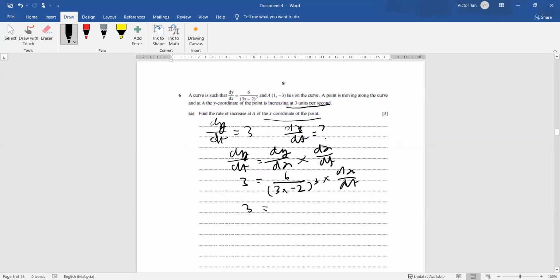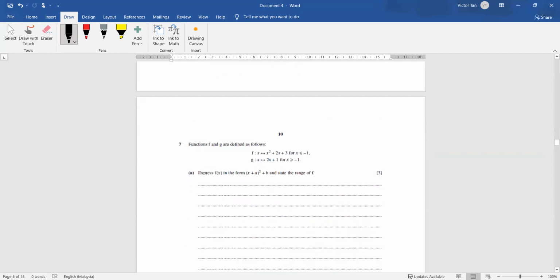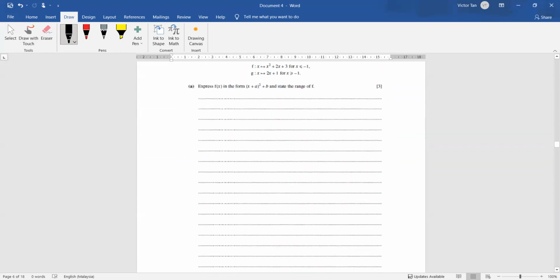This is 3 equals 6 times dx/dt, and therefore dx/dt is 1/2 unit per second. Okay, that's all the question.